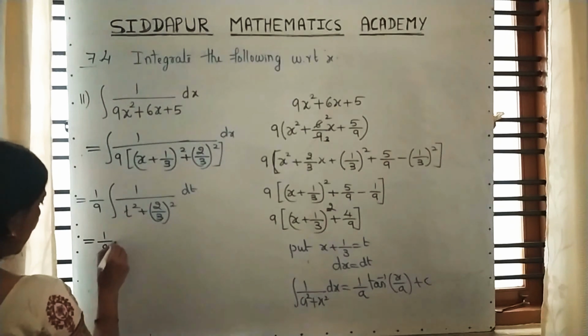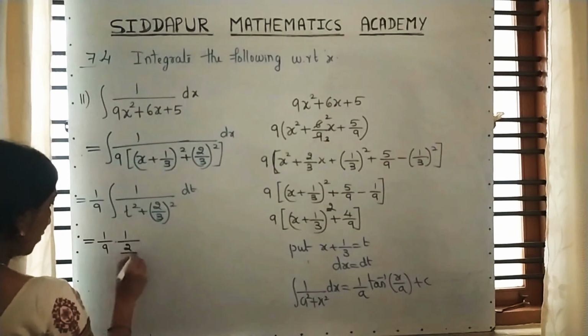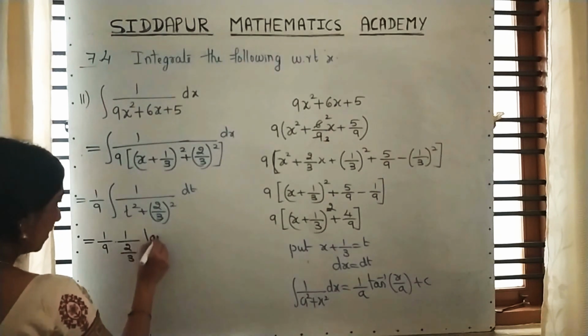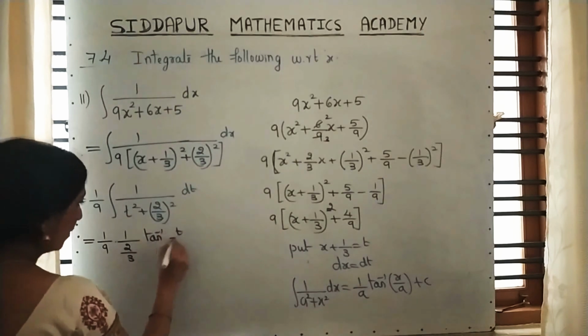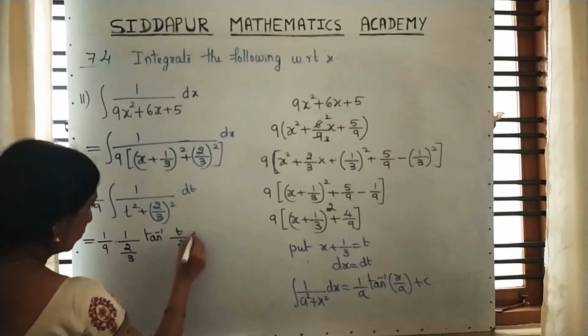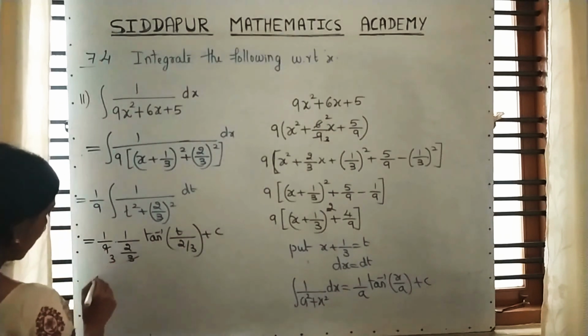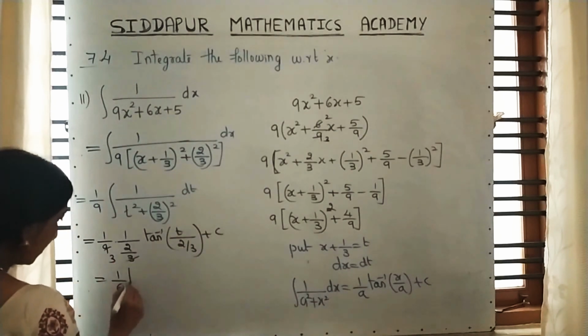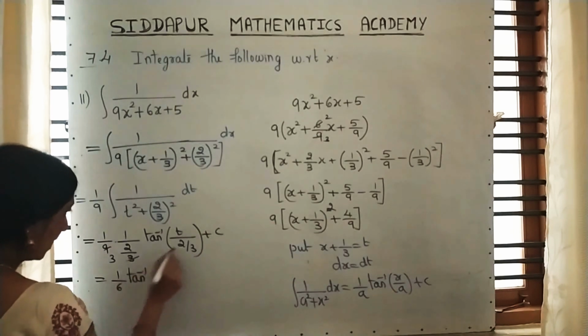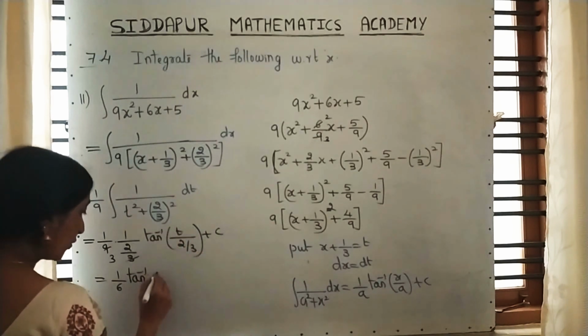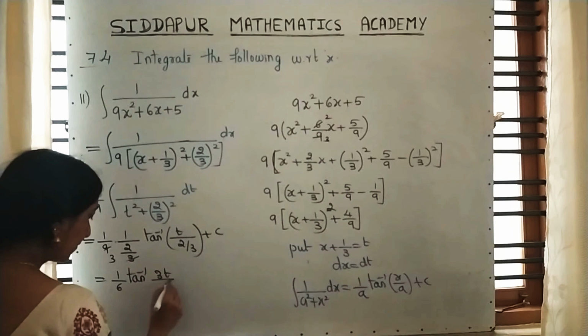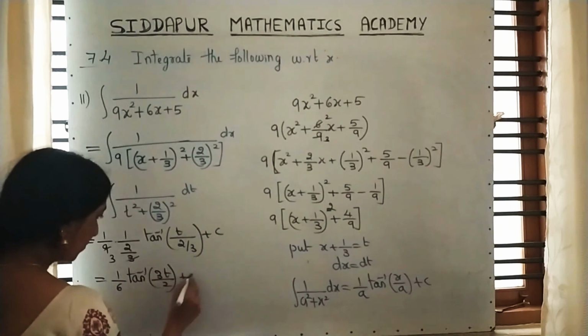So 1 by 9 into 1 upon 2 by 3 tan inverse of t upon 2 by 3 plus c. Here the 3s cancel. 1 by 6 tan inverse, 2 by 3 goes up, 3t upon 2 plus c.